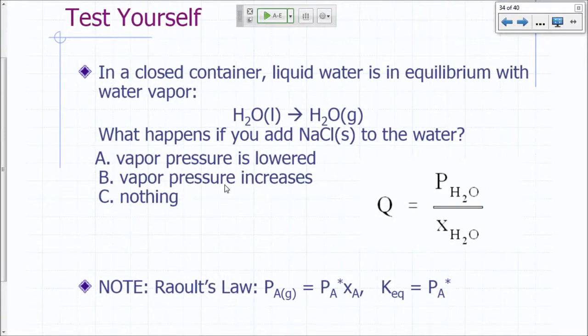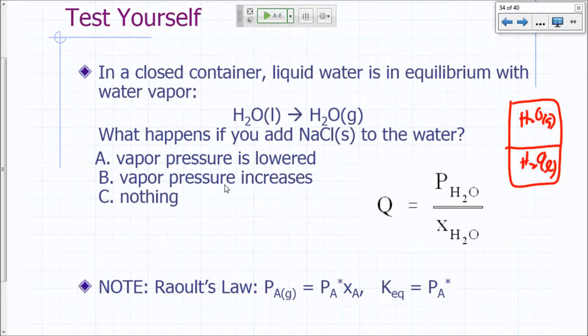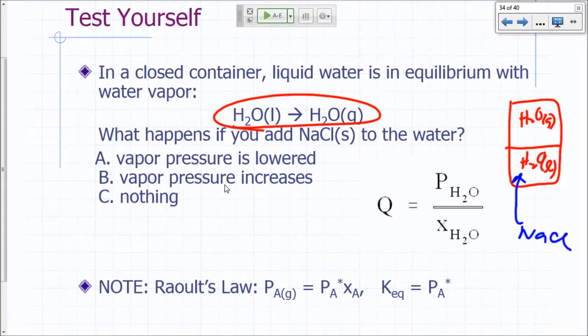Here's another example. You have a closed container. Liquid water is in equilibrium with water vapor. So I've got liquid water here, and I have water vapor gas there. So you've got equilibrium. What happens if I add sodium chloride to my water? Remember your colligative properties?